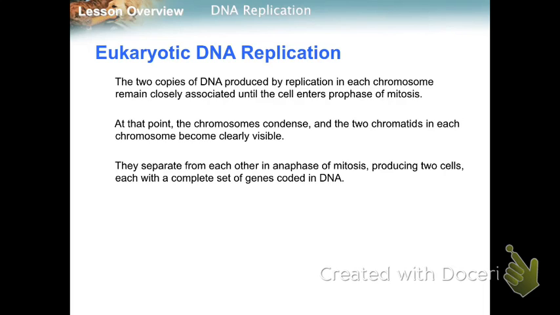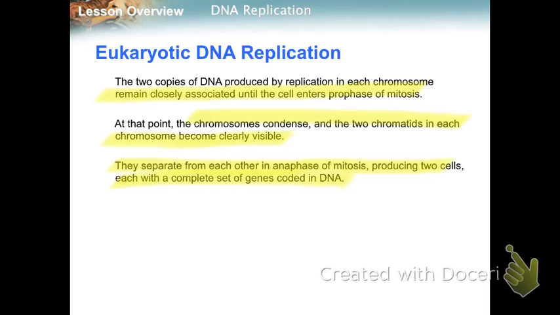The two copies of DNA produced by replication in eukaryotes remain closely associated until the cell enters prophase. At that point, the chromosomes condense, and the two chromatids become clearly visible. They're actually connected together at the centromere, if you remember, and they separate from each other in anaphase of mitosis, producing two cells, each with the complete set of genes coded in the DNA.